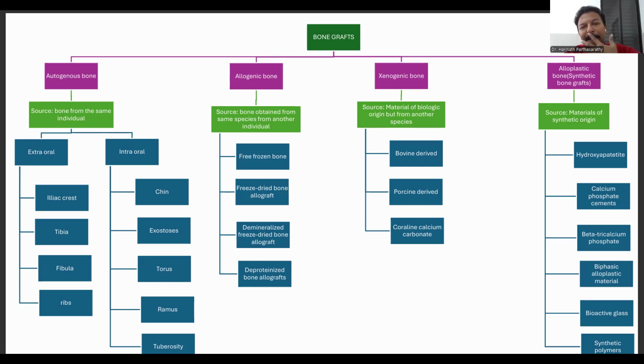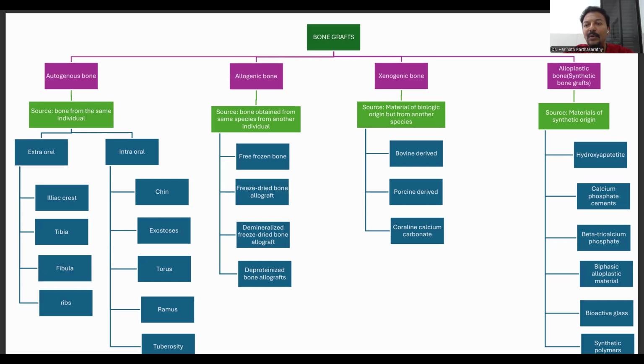The popular choices of bone graft among your synthetic bone grafts, or alloplastic materials, are hydroxyapatite materials, calcium phosphate cements, and beta TCP, which is beta tricalcium phosphate.